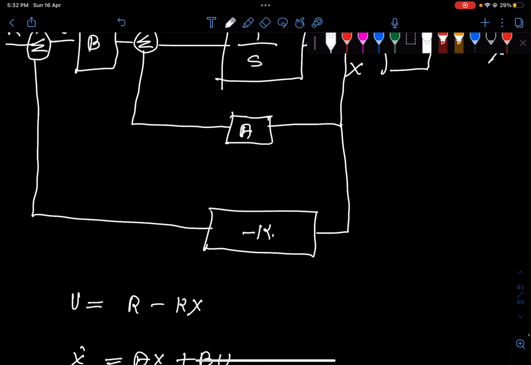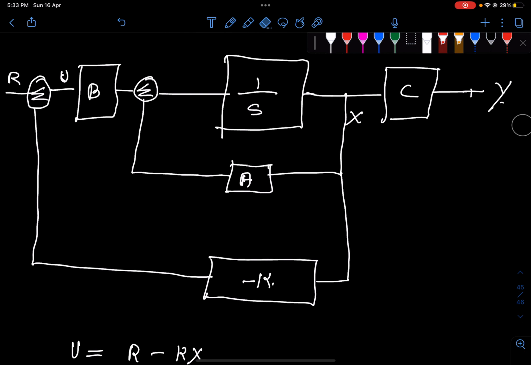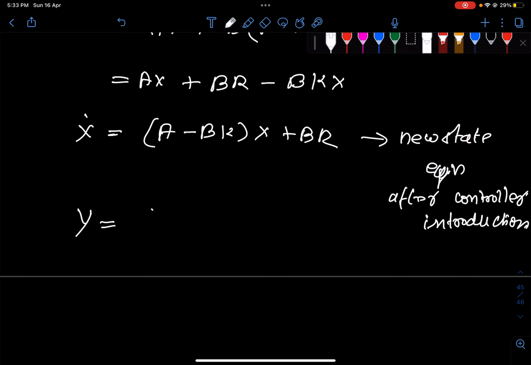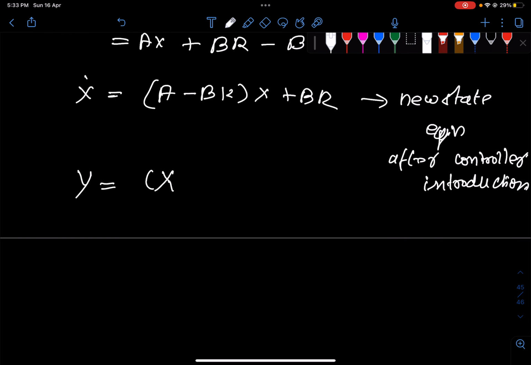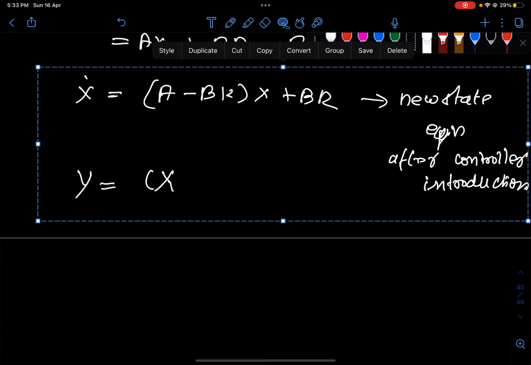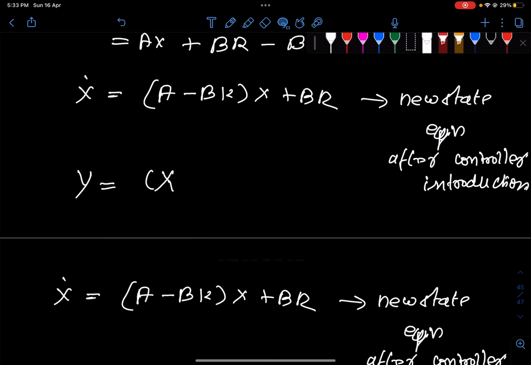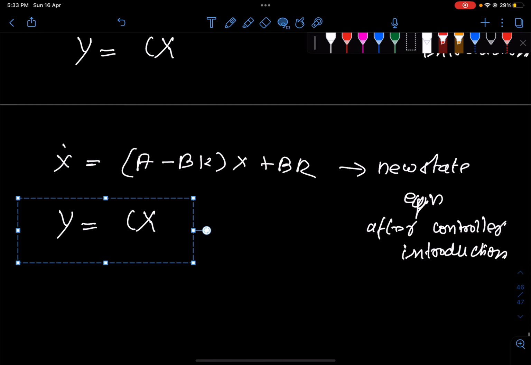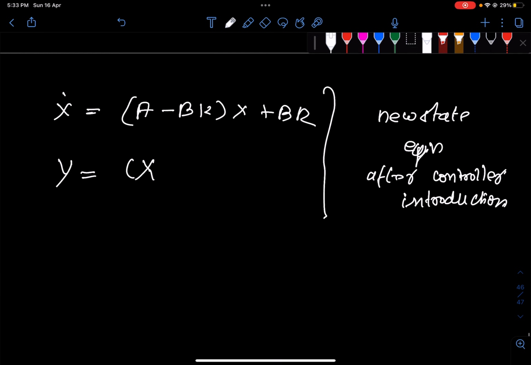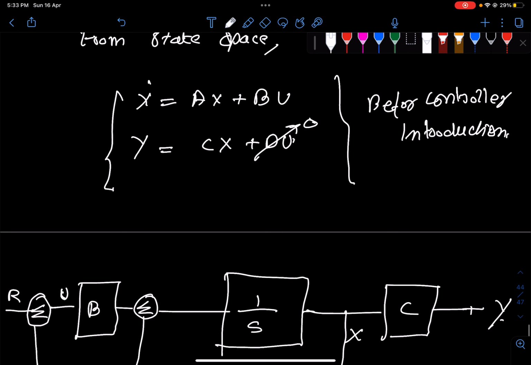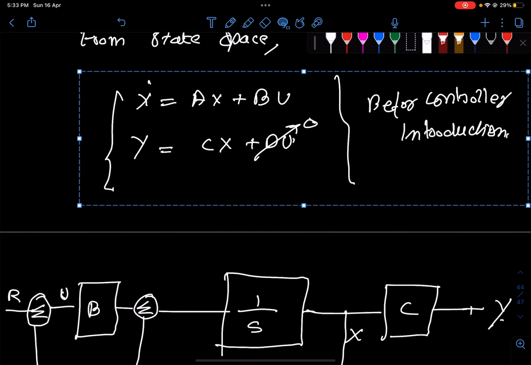Output is just c times x, right? No changes there, c times x. So this is the new function, the new things after introducing the controller, and this is before introducing the controller.